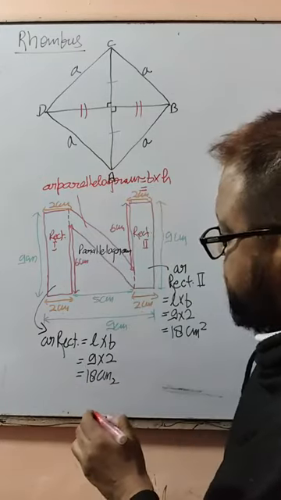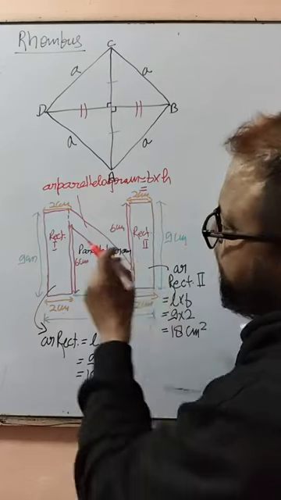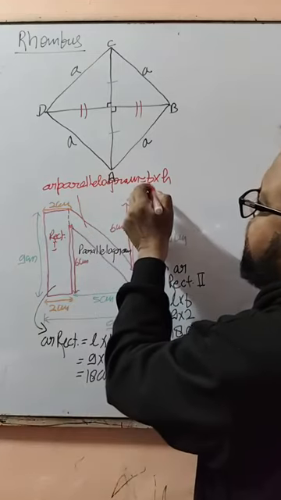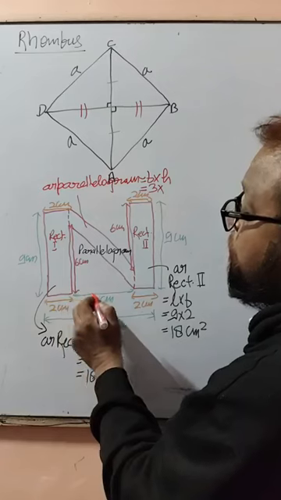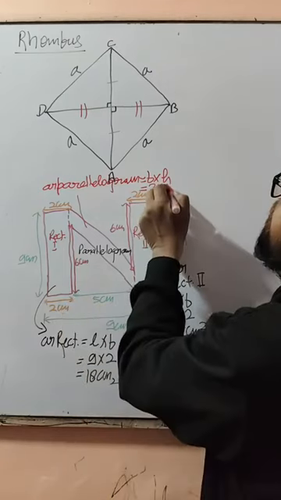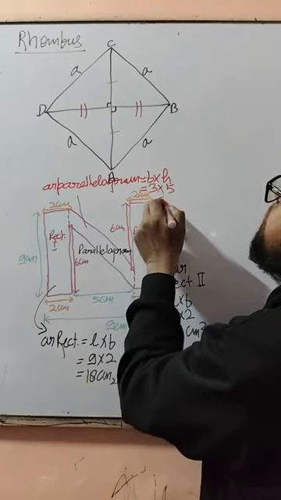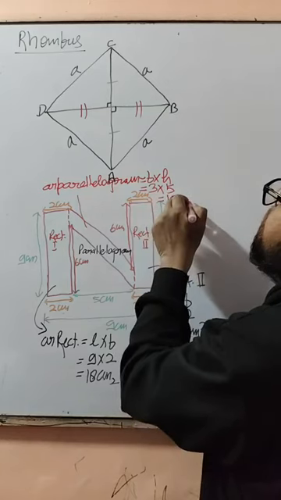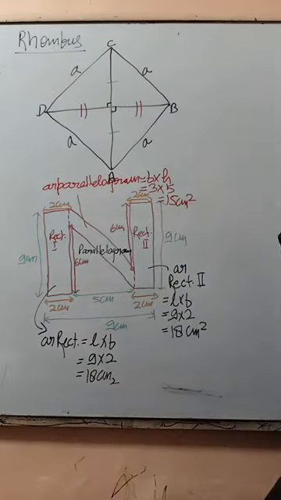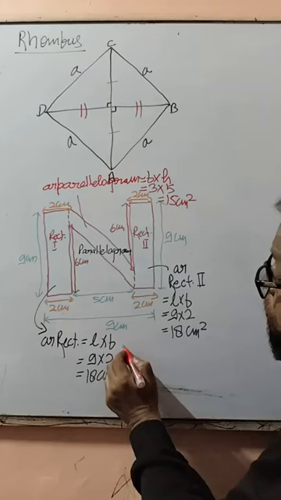So base is 3 into height is equal to 5. So it is 15 centimeter square, right?